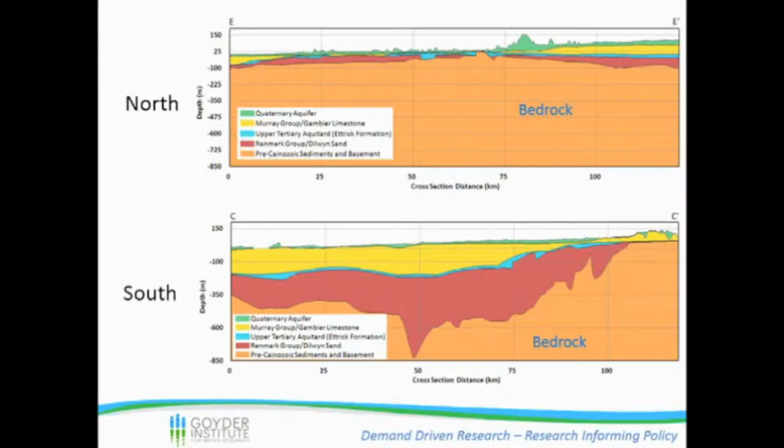In the north, the aquifers are thinner, and there's some evidence for bedrock control at intermediate distances, whereas in the south, the aquifers are thicker and remain fairly constant in depth all the way to the coastline. So just by looking at this, you would have the feeling that you are more likely to have bedrock control in the north, less so in the south. Now keep this square in mind. I'll get back to it in a second.